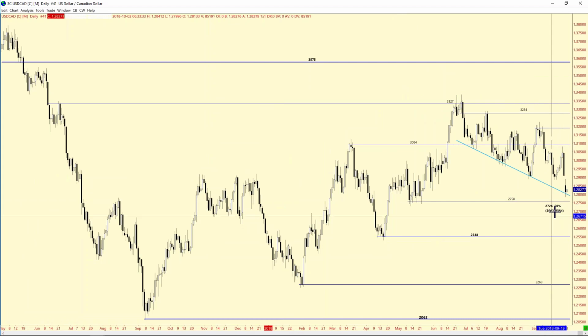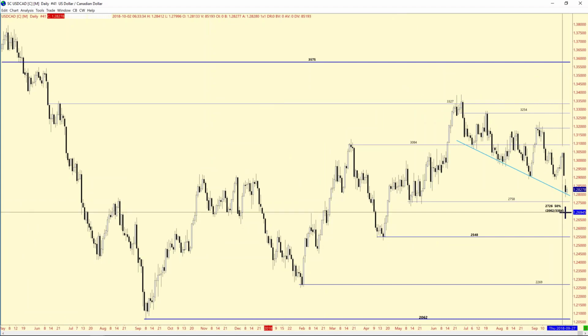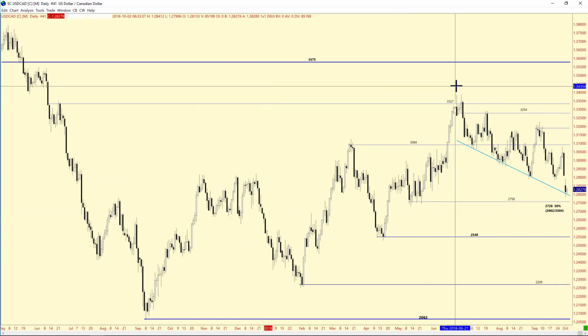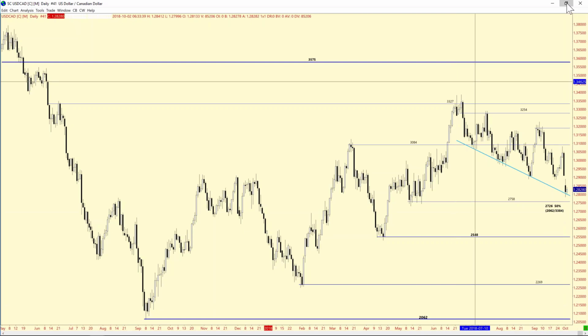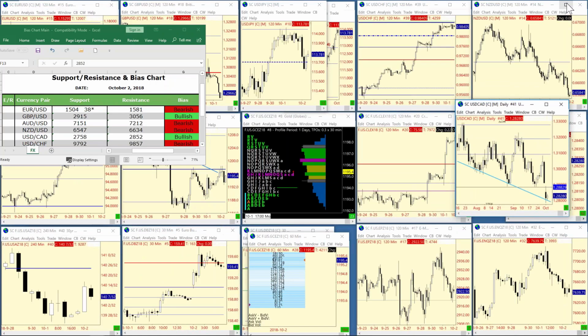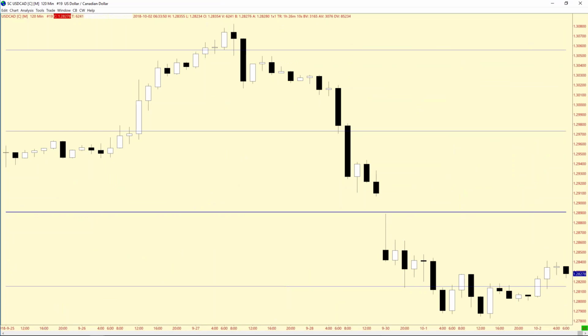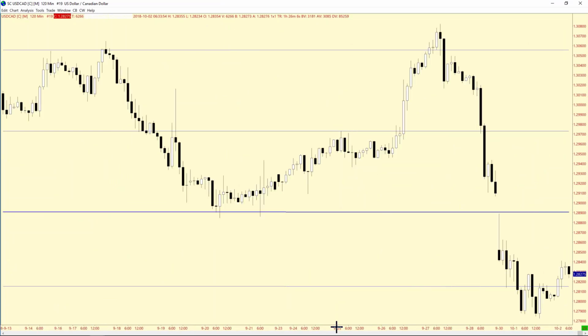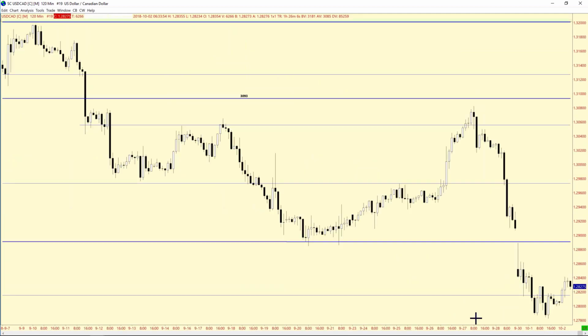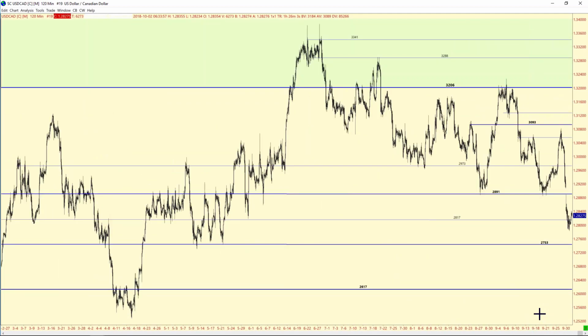Also 27.26 would be the 50% of this entire move here. Now when we go into the 2-hour chart, this is where I'm coming up with the 53.